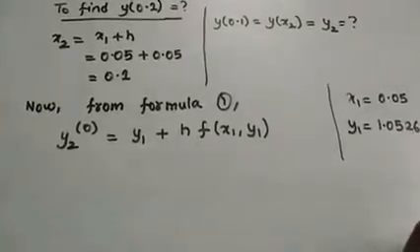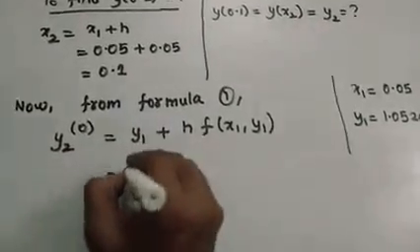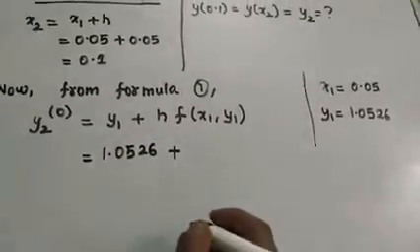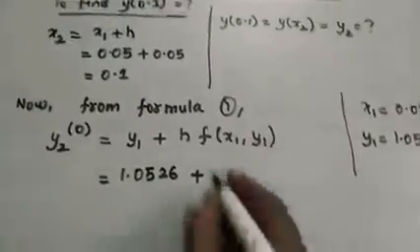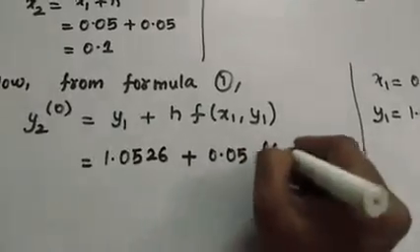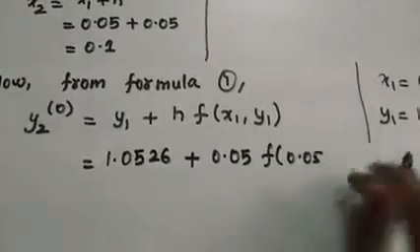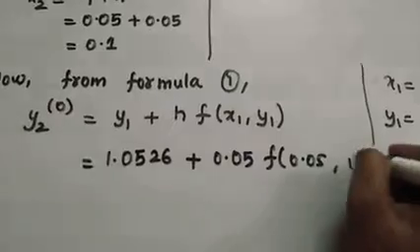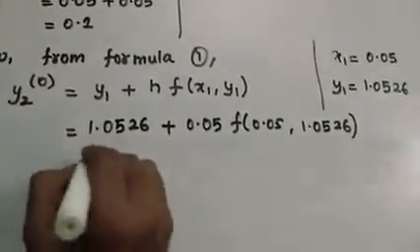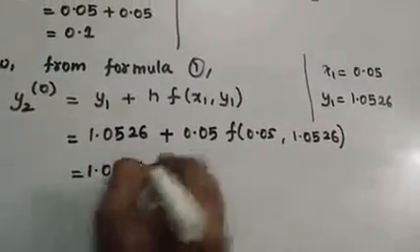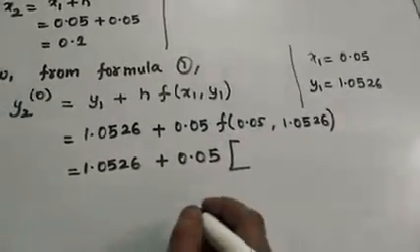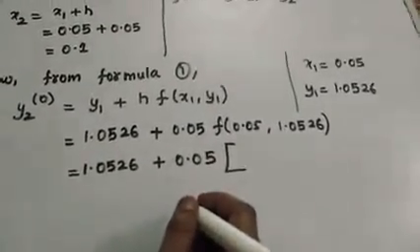Let us put the values. So y1 is 1.0526, then h is 0.05, f of x1 is at 0.05 and y1 was 1.0526. So now, 1.0526 plus 0.05, putting into the function f of x comma y equals x plus y.